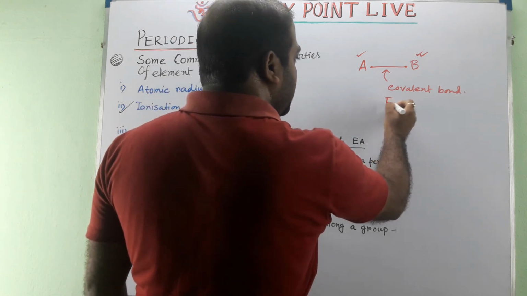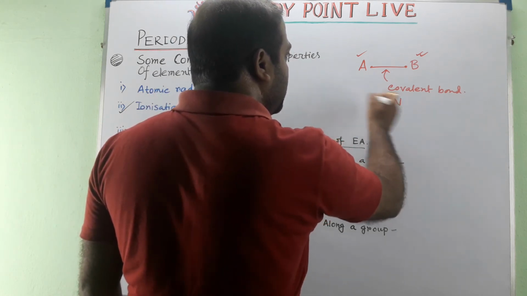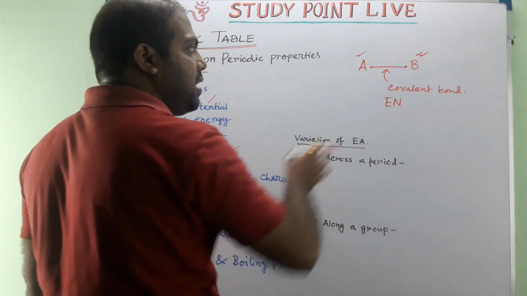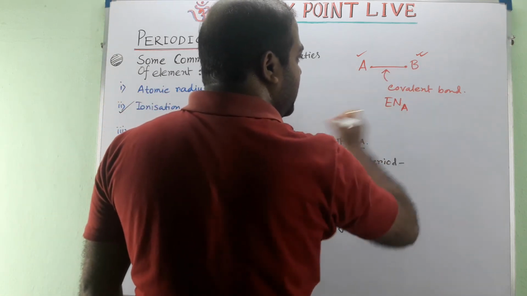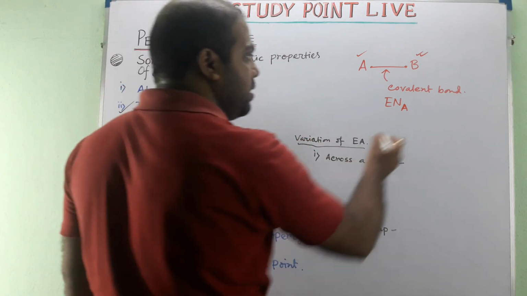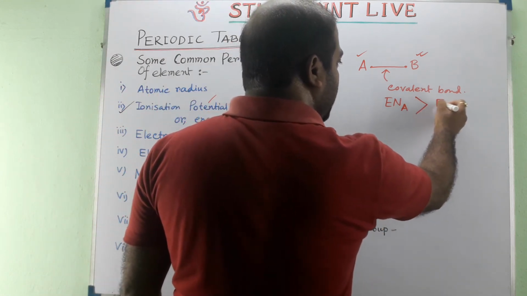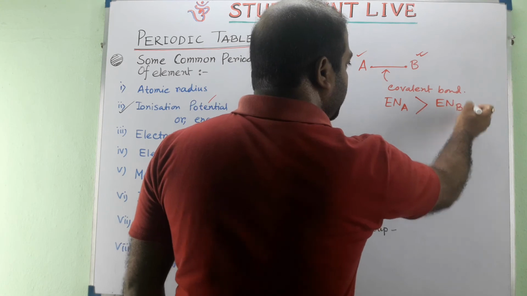If element A attracts the bond pair electron toward itself, then we can say that electronegativity of element A is greater than that of element B.